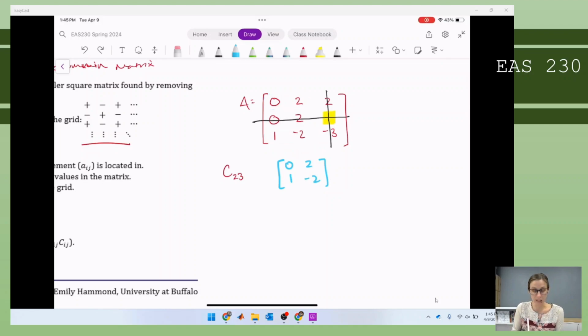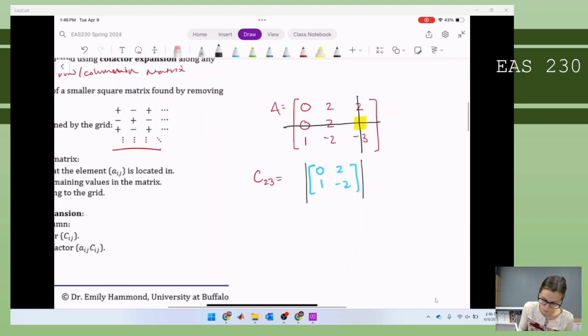Then I find the determinant of this matrix. Once I find the determinant, I go to my grid here and find the sign of this corresponding location.